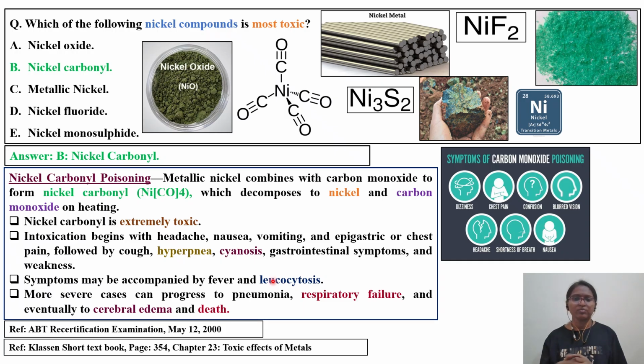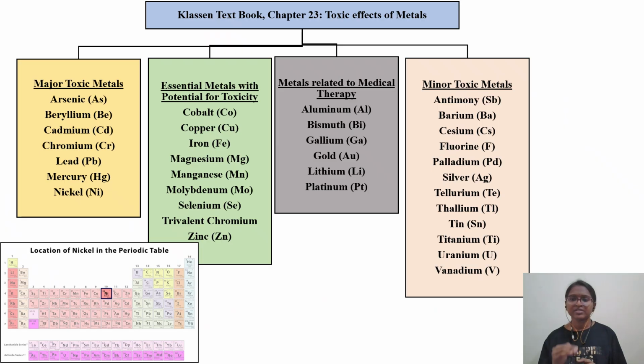If you look into chapter 23, toxic effects of metals, this chapter has categorized the metals based on toxicity. One is major toxic metals, then essential metals, which are essential for the body but pose some potential toxicity, then metals used for medical therapy, and certain metals which cause less toxic effects.